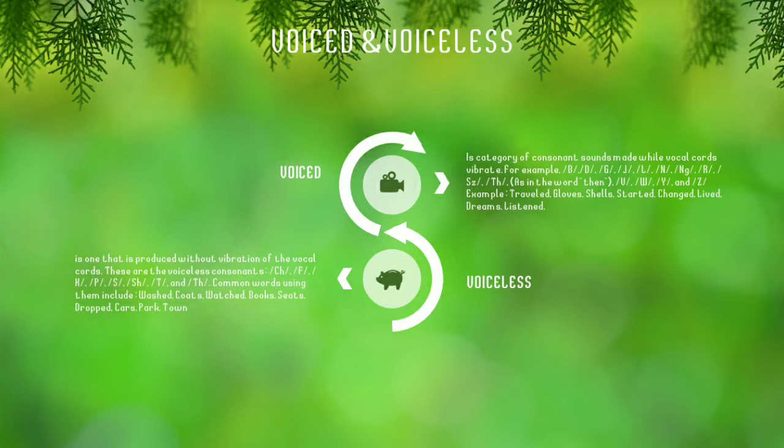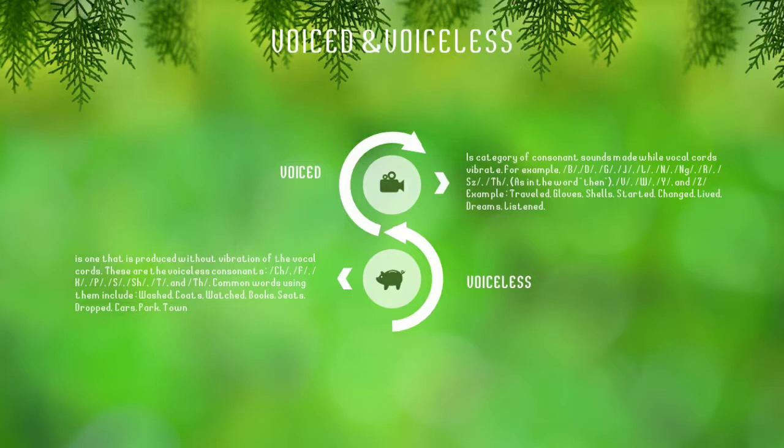Next is about voiced and voiceless. Voiced is a category of consonant sounds made while the vocal cords vibrate. For example, b for bed, d for dreams, g for gloves.